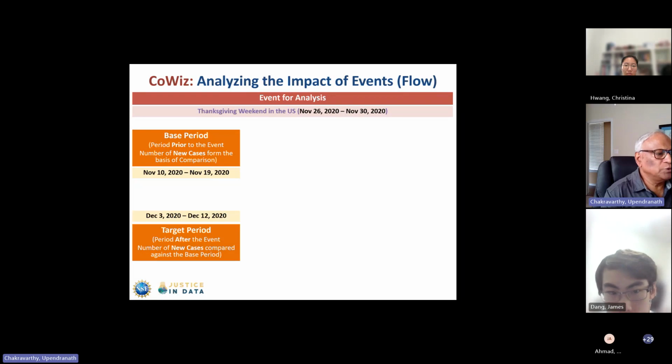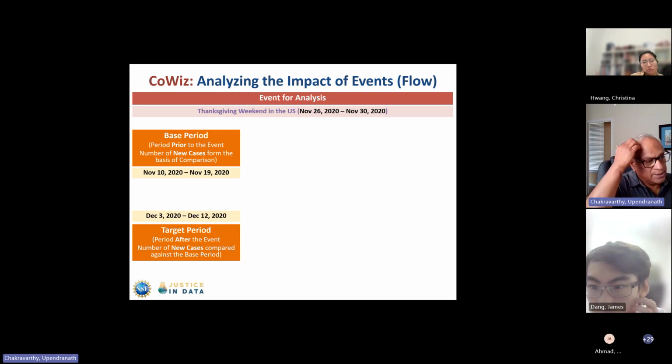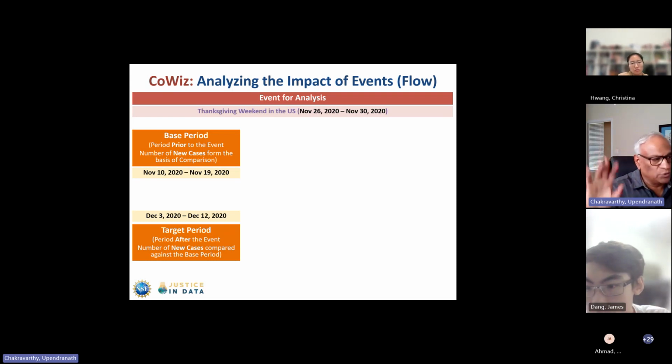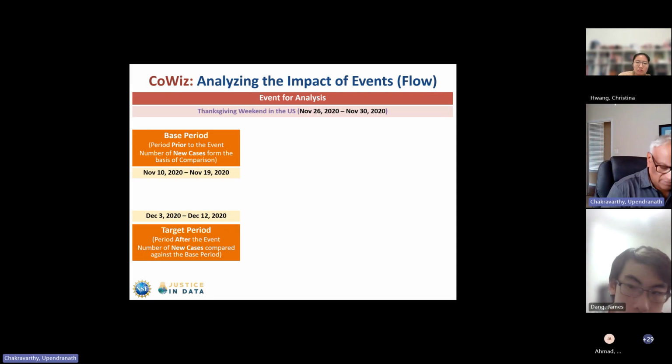You can also choose a target period, which is after the event. You want to compare how things changed with this event coming in between. The target period size is the same, 10 days, so it is a fair comparison.